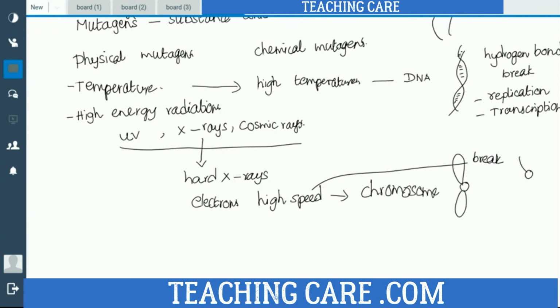A part of the chromosome may break and get separated. Normally it should be like this, but here a part of the chromosome got separated. So these X-rays may lead to breaking of chromosomes.